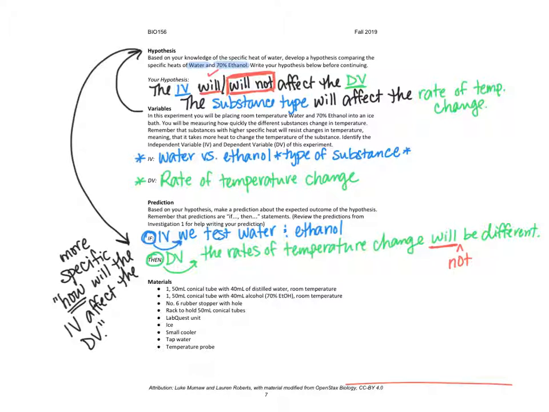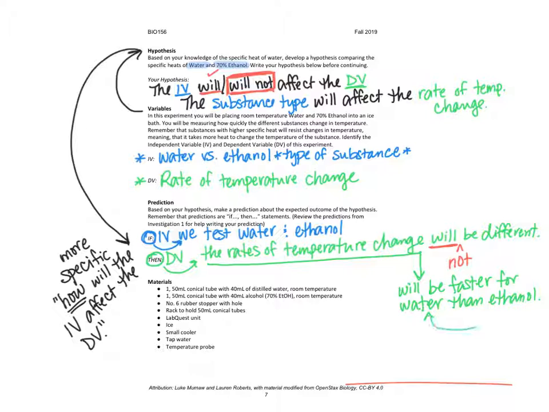Then you can say the rate of temperature change will be faster for water than ethanol. Or if you think the opposite, then you can switch the position of water and ethanol.